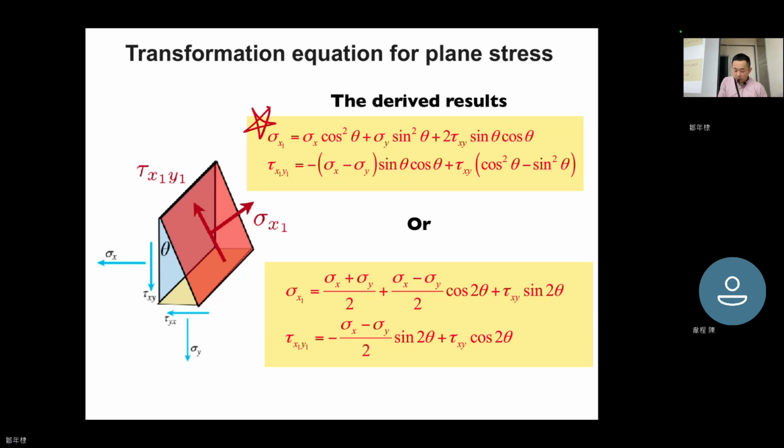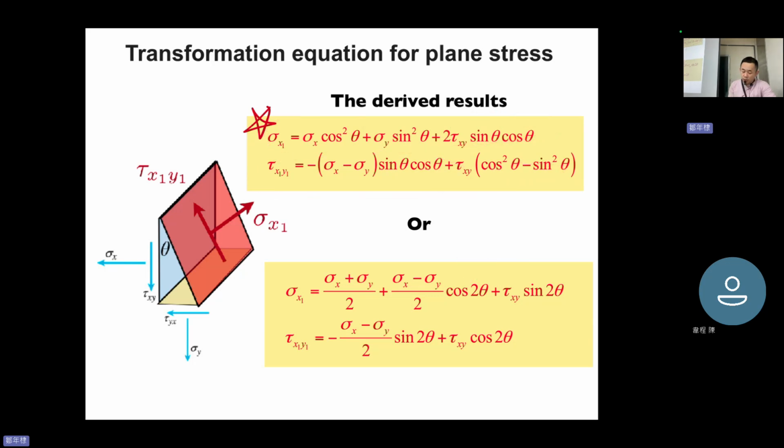Now, remember we talked about the double angle cosine and sine. I don't know how to translate 倍角公式. If you make cosine squared theta into something about cosine 2 theta, and 2 sine theta cosine theta become something with sine 2 theta, you will end up making everything here into the bottom form.